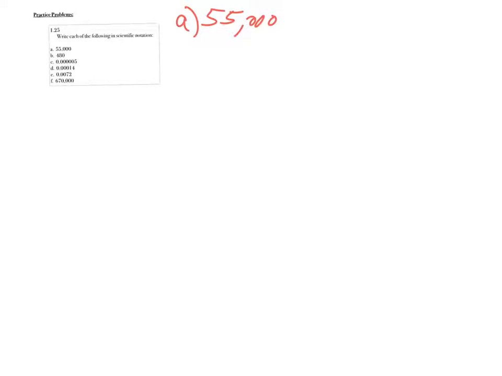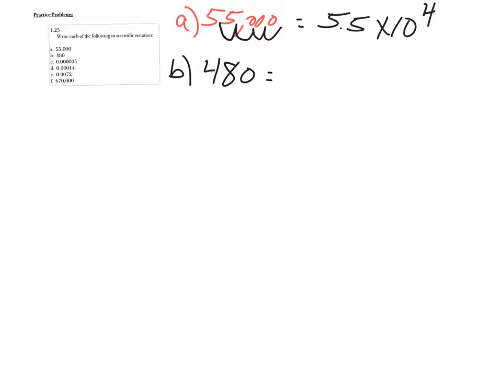So again, how many times do I have to move the decimal place to be after the first number? 1, 2, 3, 4 times. So this comes out to 5.5 times 10 to the fourth. Part B here is 480. And so how many times do we have to move the decimal? We put it in there after the last number, and then 1, 2 times. So 4.8 times 10 to the second.